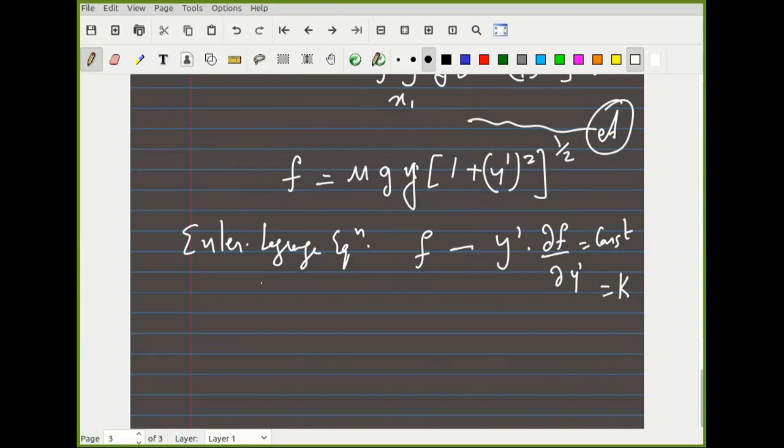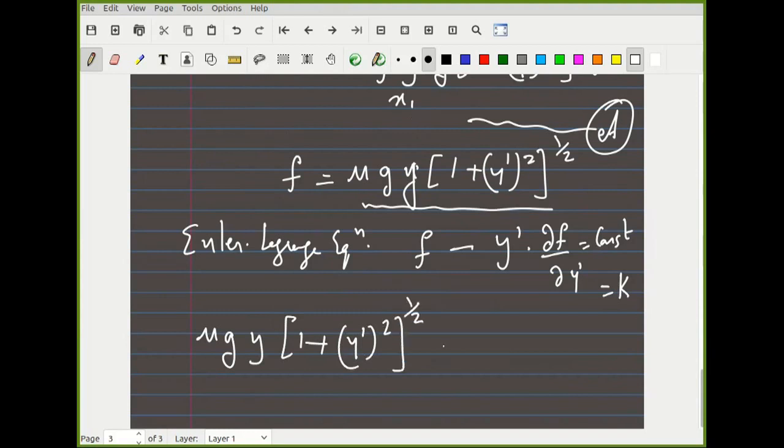We'll substitute for f, which I've given just below my script A, and so I'll simply write for f mu g y times 1 plus y dash squared to the power 1 by 2, minus this y dash times the partial.